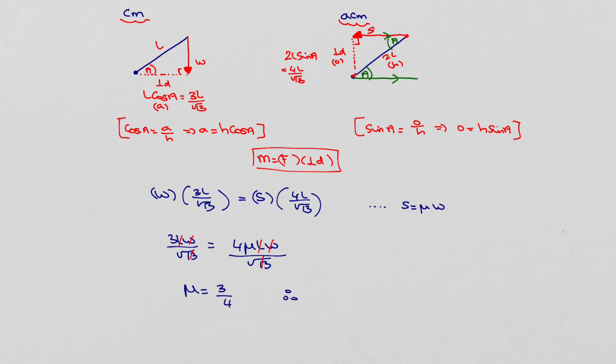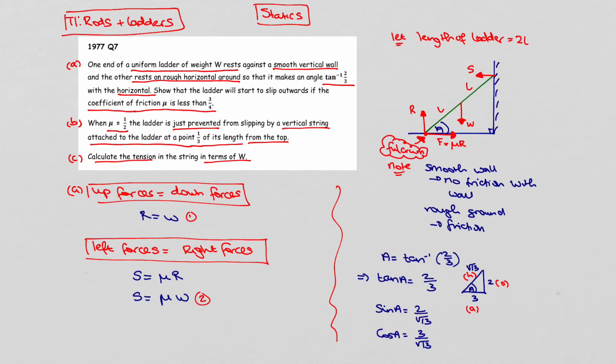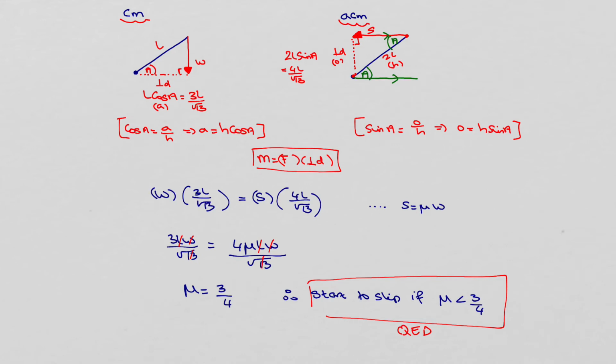So therefore we say, as it starts to slip, then mu must be less than 3/4.